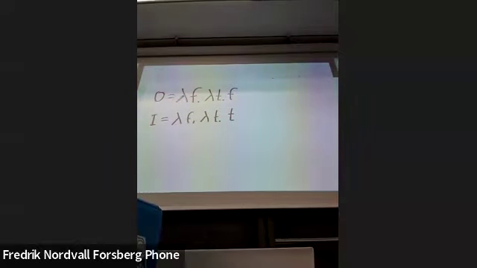So if you feed in, O A B is equal to A, because when you substitute A for f and B for t in f, out comes A, and I A B equals B.